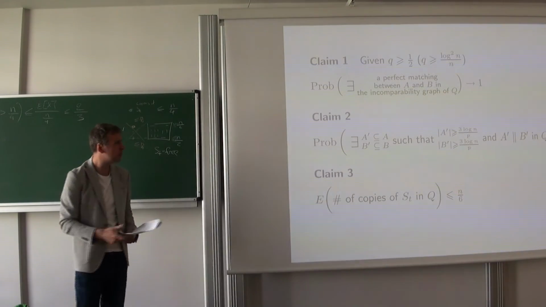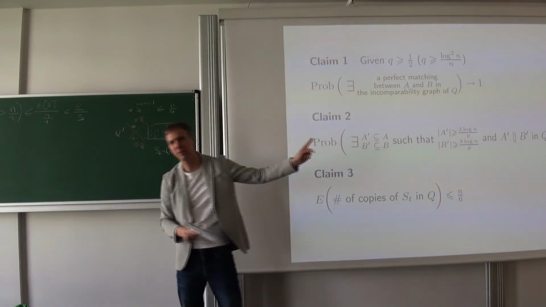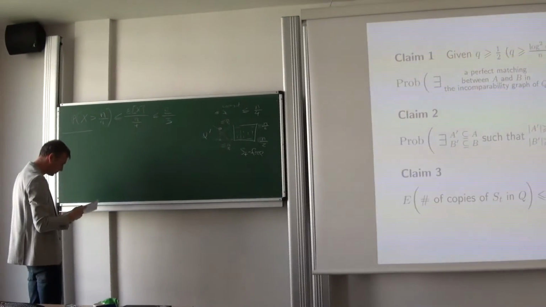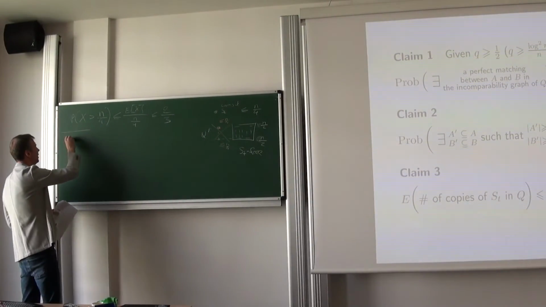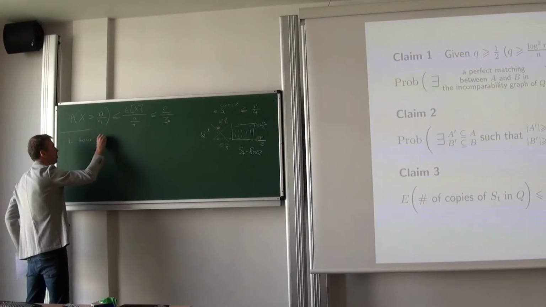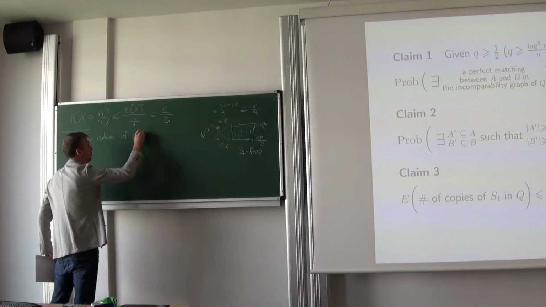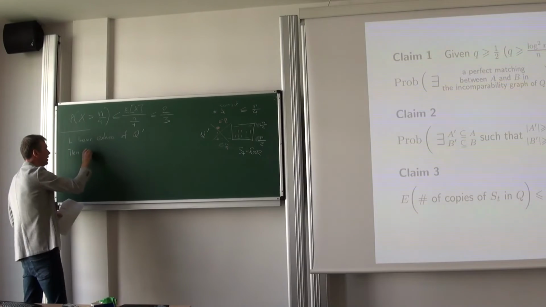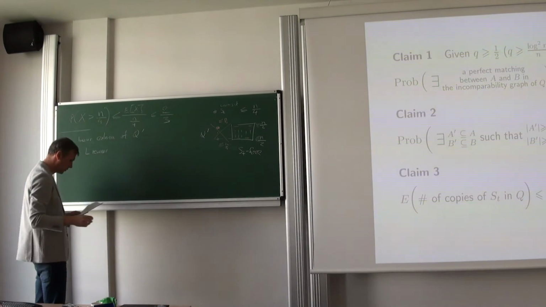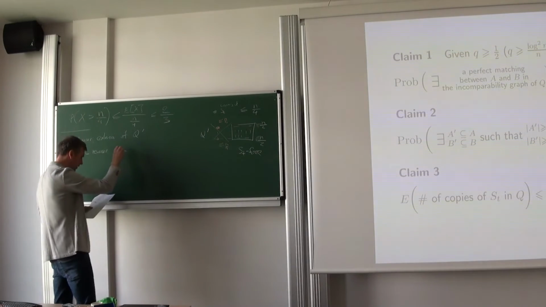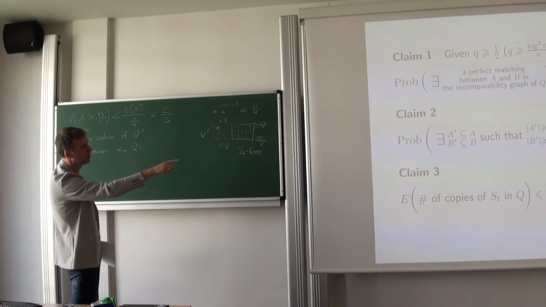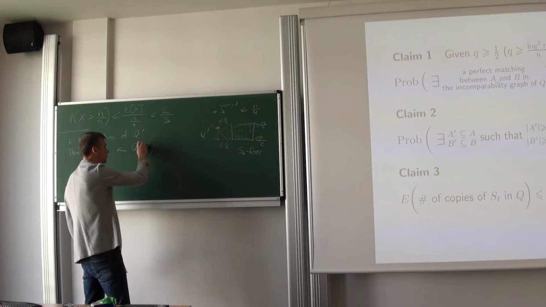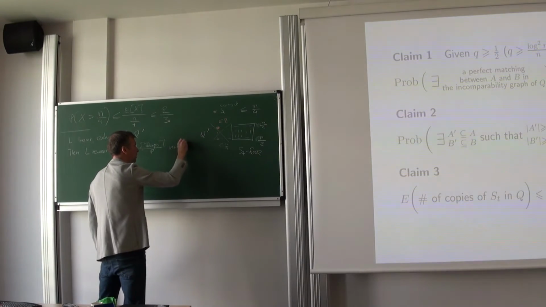The claim, which follows from claim 2, is that if L is a linear extension of Q prime, then L reverses less than 2 times this number over there, which is 3 log n over p, vertical incomparable pairs.